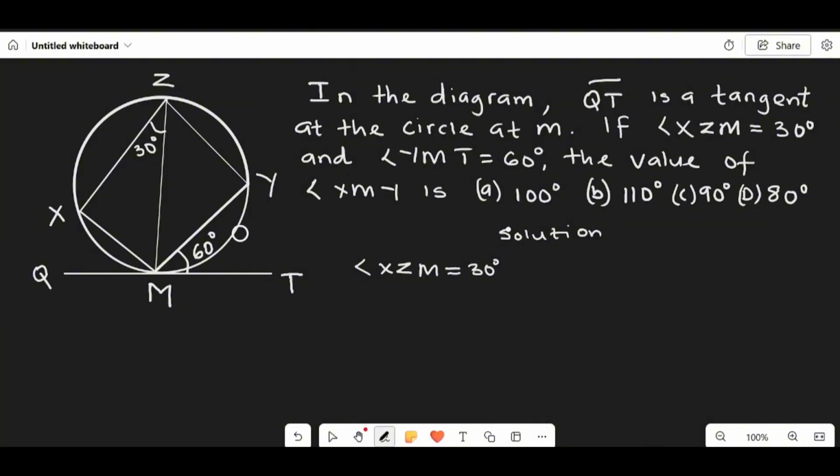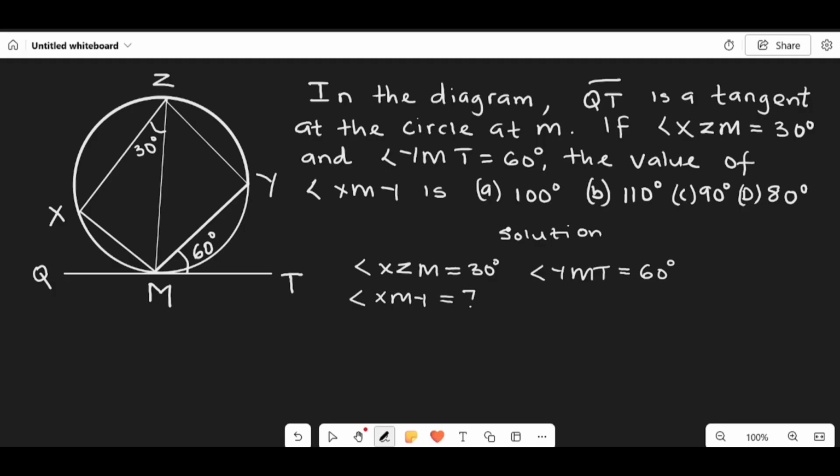Also, we were given angle YMT. Angle YMT equal to 60 degrees. It now asks us to find angle XMY. Angle XMY equal to unknown.